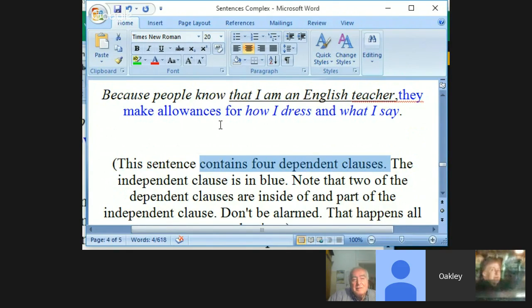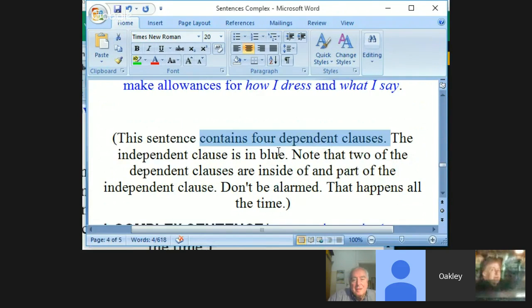Because it seems to me that for how I dress and what I say are dependent clauses. They are. Yes, they're not mutually exclusive. One does not exclude the other.